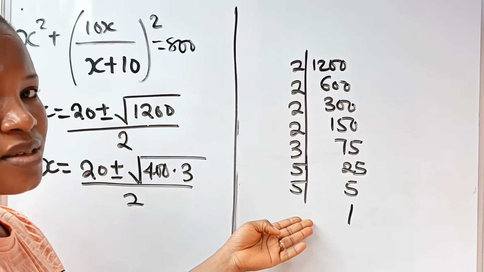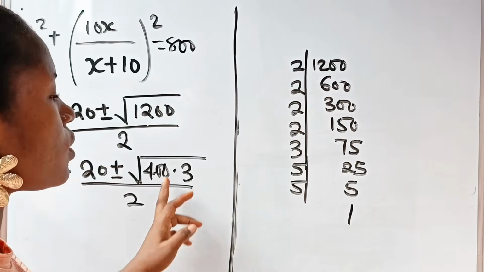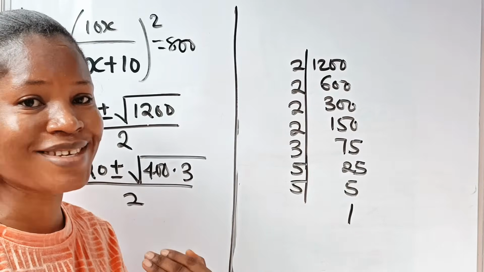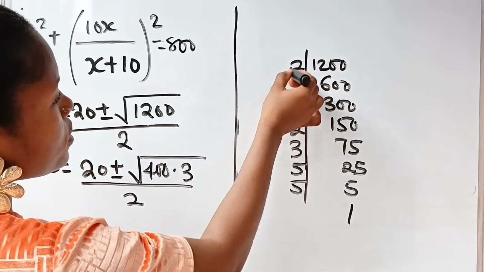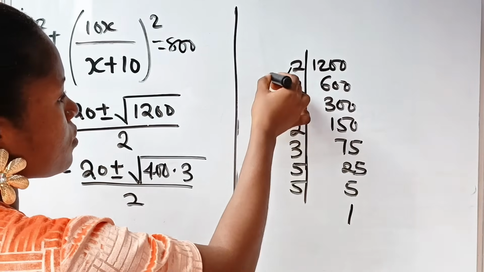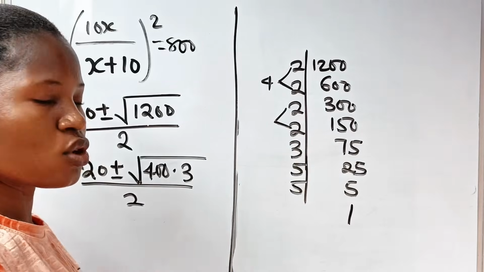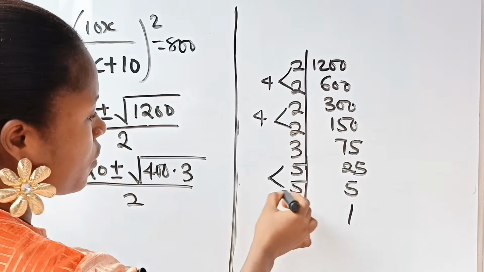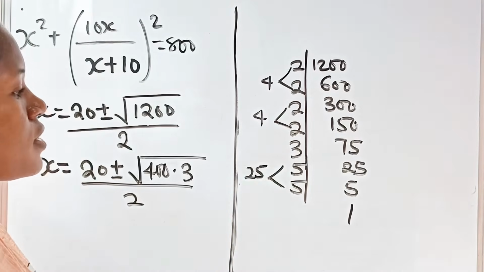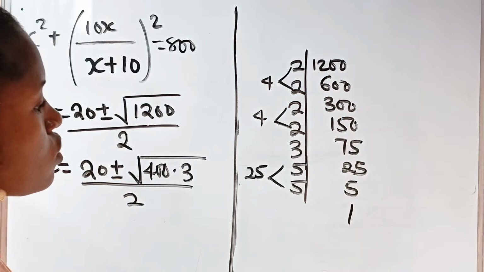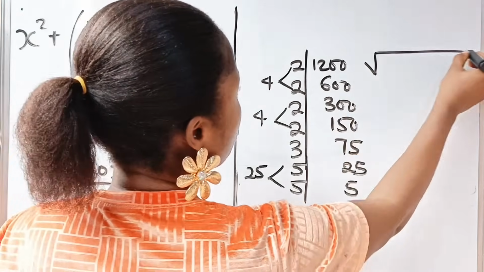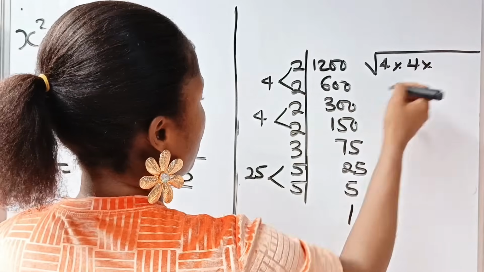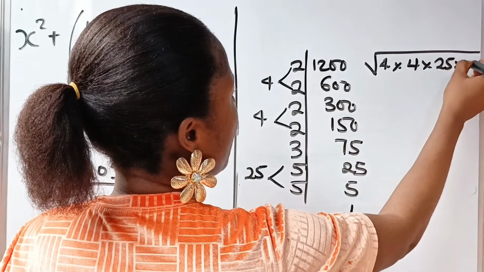Now, how do you factorize this, assuming you don't know that it's 400 multiplied by 3? This is going to be an advantage to you that watched till this point. So we pick pairs of those that are the same. 2 times 2 is 4, and 2 times 2 is 4 again. Now 3 doesn't have a pair. 5 times 5 is 25. So we can simplify the square root of 1200 as the square root of 4 multiplied by 4 multiplied by 25 multiplied by 3.